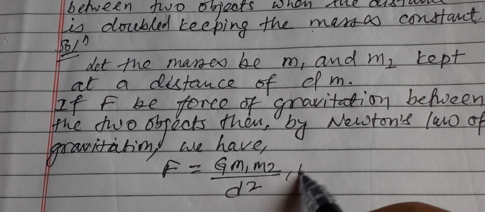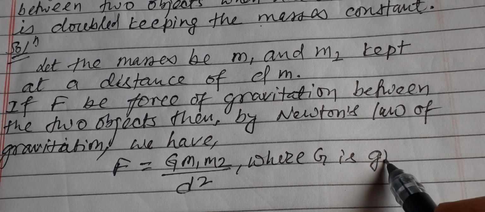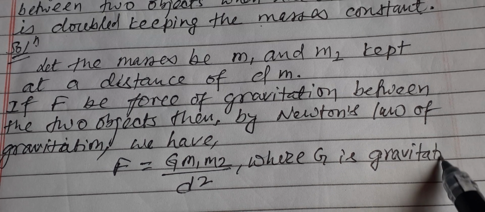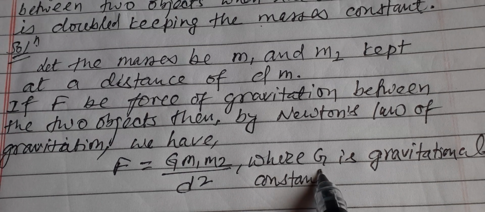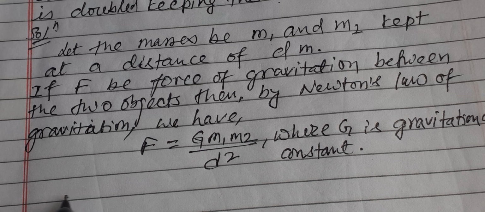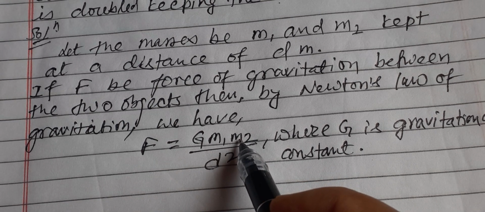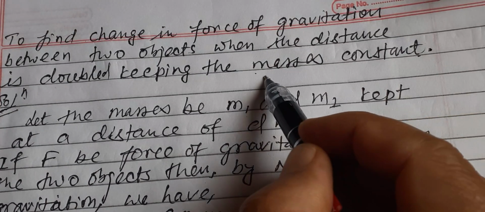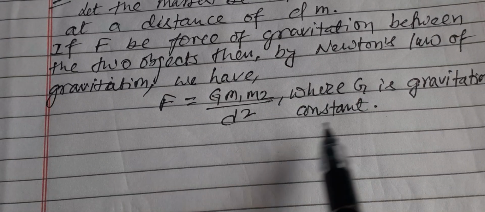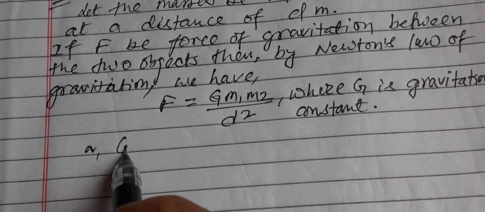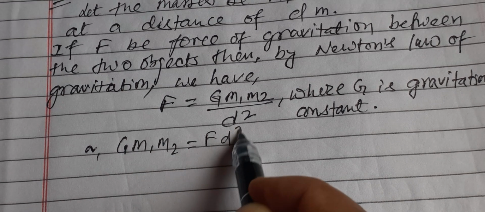Where G is the gravitational constant. Since G is constant, and m1, m2 are also constant, by cross multiplication, G m1 m2 equals F times d square.